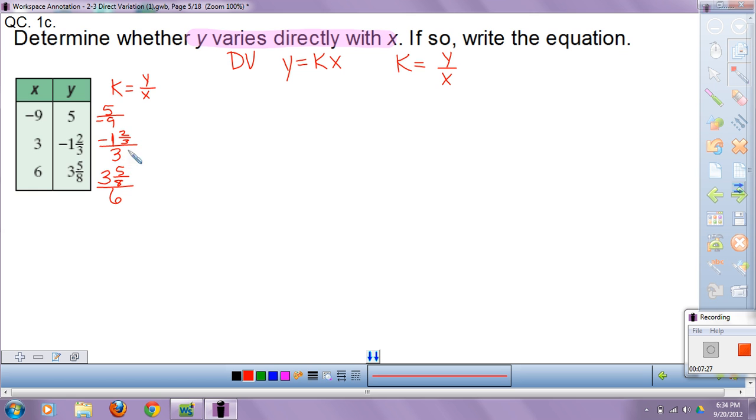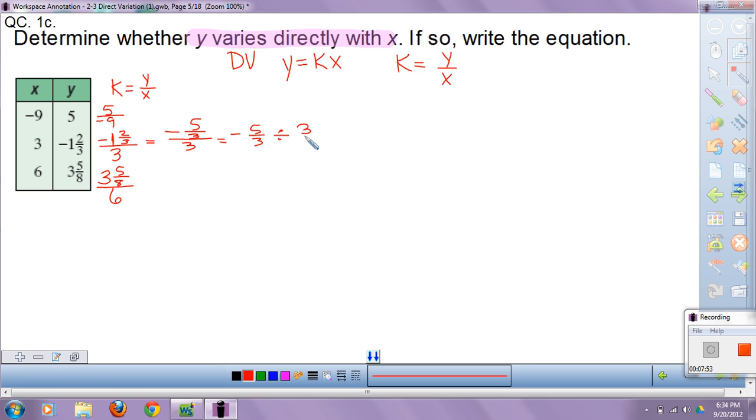Now, yes, you can put this all in your calculator and figure it out, but I prefer working it out. So I'm going to change this mixed number into an improper fraction. I know it's going to be negative. 3 times 1 is 3, plus 2 is 5, so negative 5/3 divided by 3.